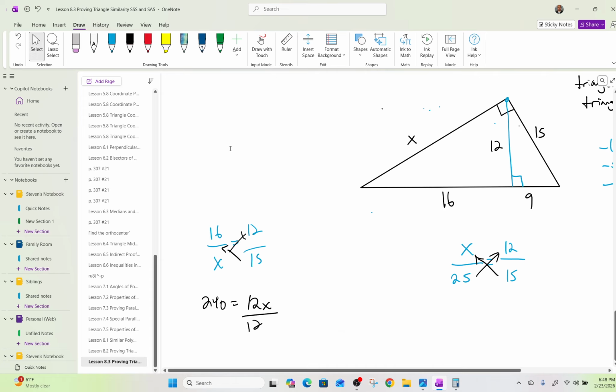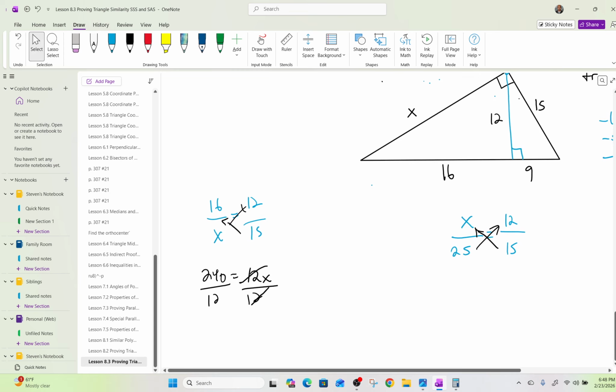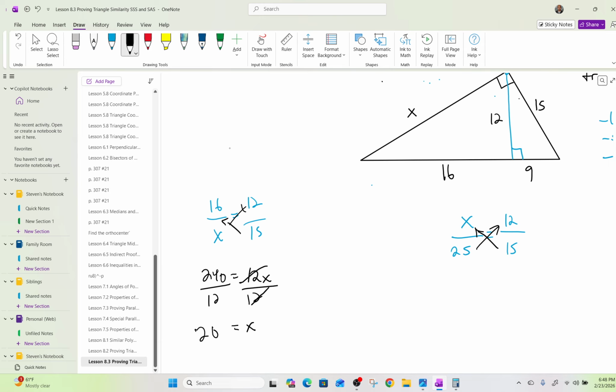Divide both sides by 12. And again, 240 divided by 12 is an easy problem. You punch it into your calculator and you will get 20, and that's x.